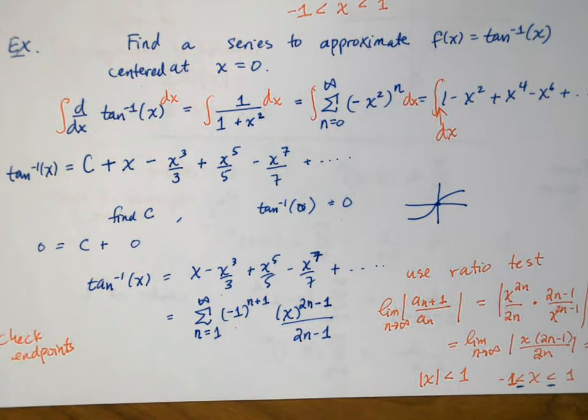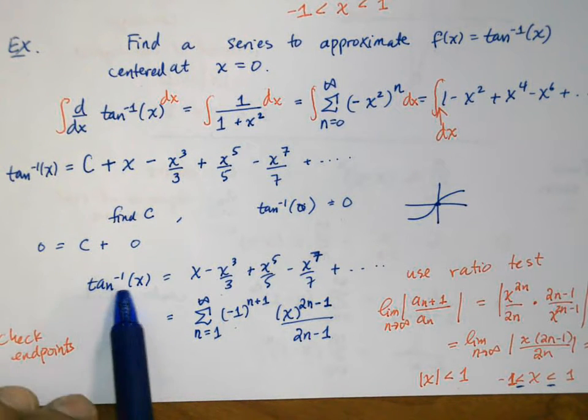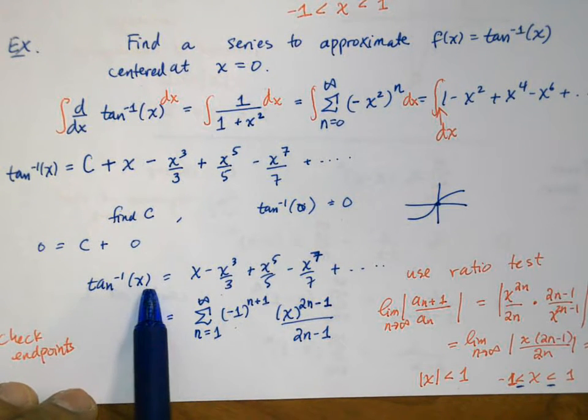So what this says is something very nifty and useful for us, which is if we want to estimate the value of the arctan function or the tangent inverse function, again, this function is going to yield many irrational answers, many transcendental answers for which we don't really know what the exact answer is.